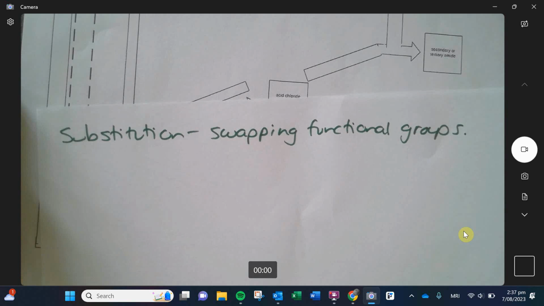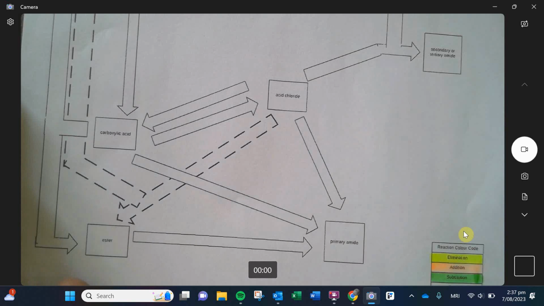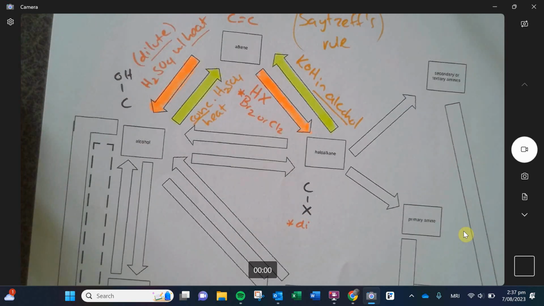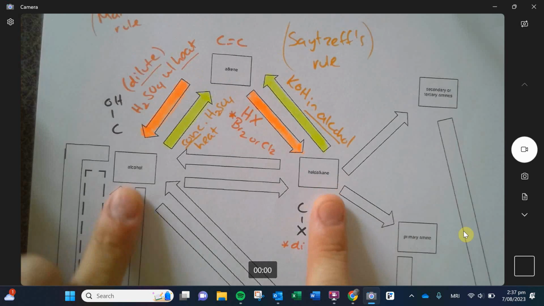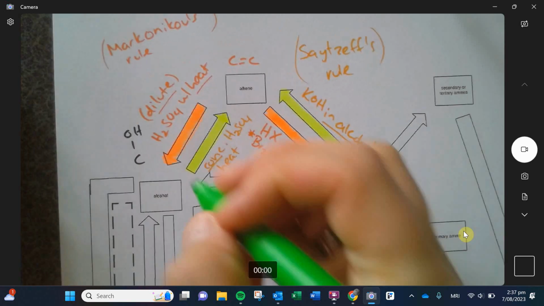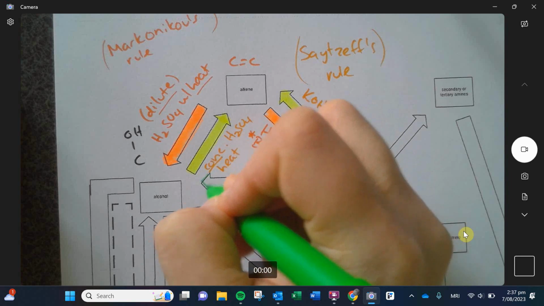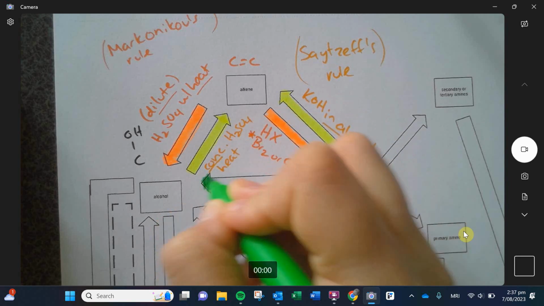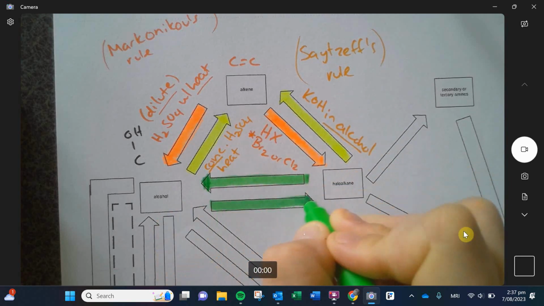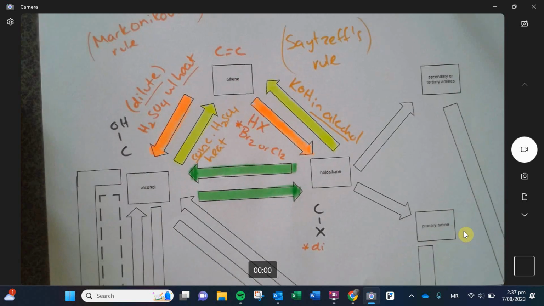So in the ones that we were talking about, we were adding and removing. In this case, we are just swapping one thing for another. So looking at this flow chart, there's lots of different spaces that this could happen. Haloalkane to alcohol, you can swap out the X and the OH. So these two are both substitution reactions in both directions, going from one to another.